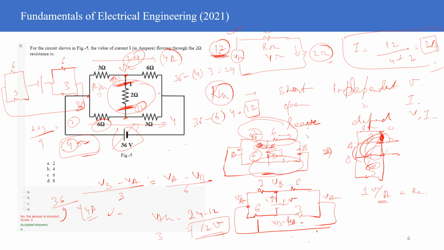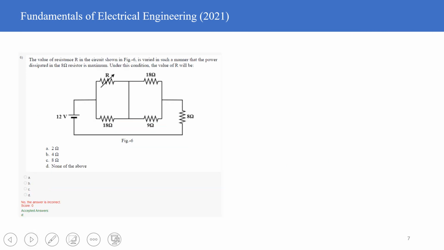You have to figure out the Thevenin's equivalent resistance across these 2 points, which we have figured out as 4 ohms, right? And then you divide the Thevenin's voltage by the total resistance to figure out the total value of current. So let me go forward.